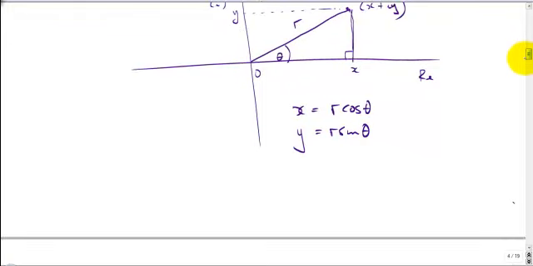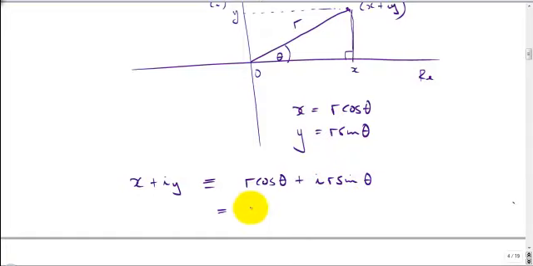So what we have done now is we said our complex number was x plus iy. So that's equivalent to r cosine of theta plus i r sine of theta.